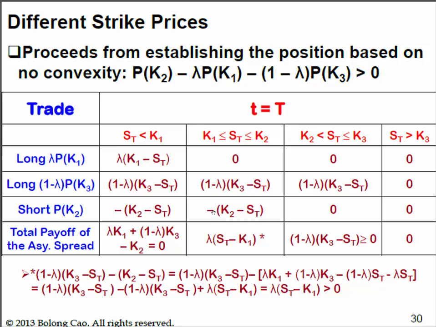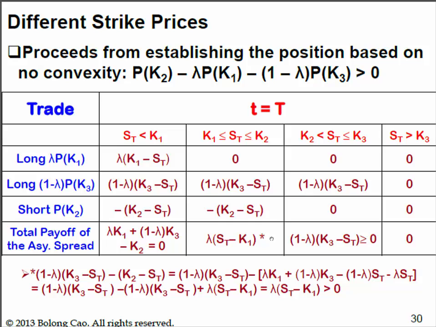And the short middle strike put is still there, so we just need to sum up these two payoffs. It turns out this payoff, when the underlying price is between K1 and K2 at expiration, can be expressed as lambda times the expiration price of the underlying minus K1. It's basically lambda times how much the underlying is above K1.